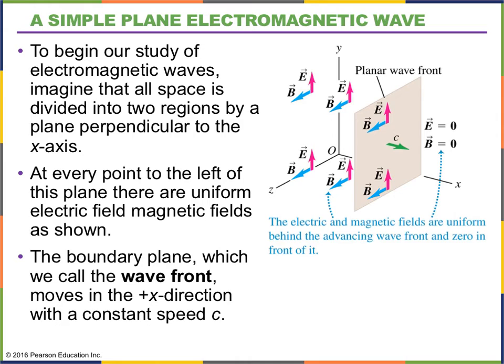The electric field goes in the y direction. It varies along the yx plane. The magnetic field varies along the zx plane. And of course, because of that, they are perpendicular to each other, and they're also perpendicular to the direction of propagation, which is given by the speed of light.